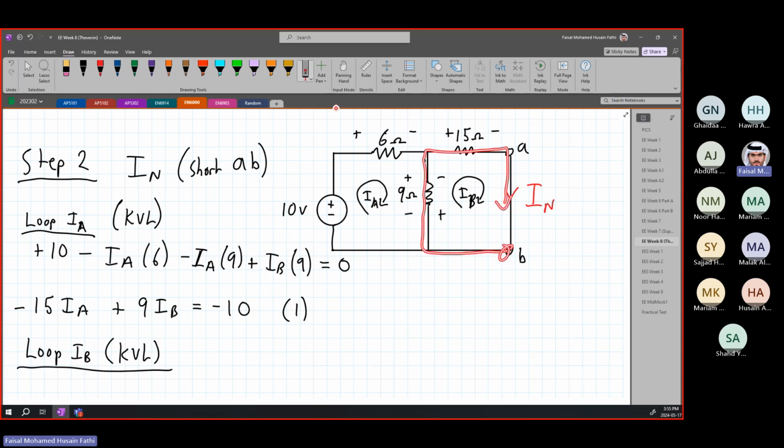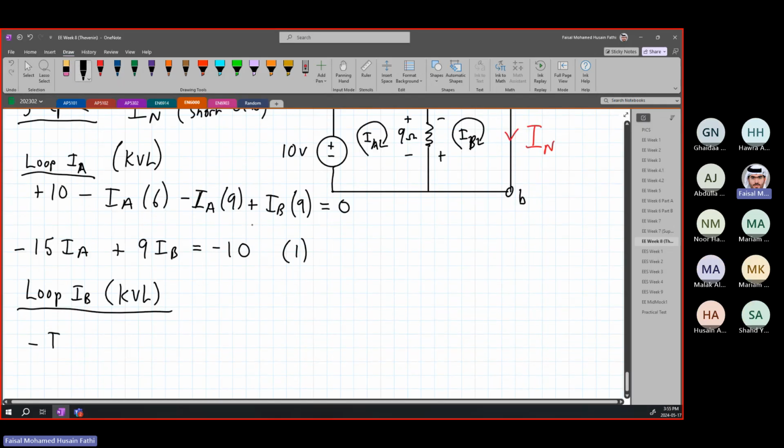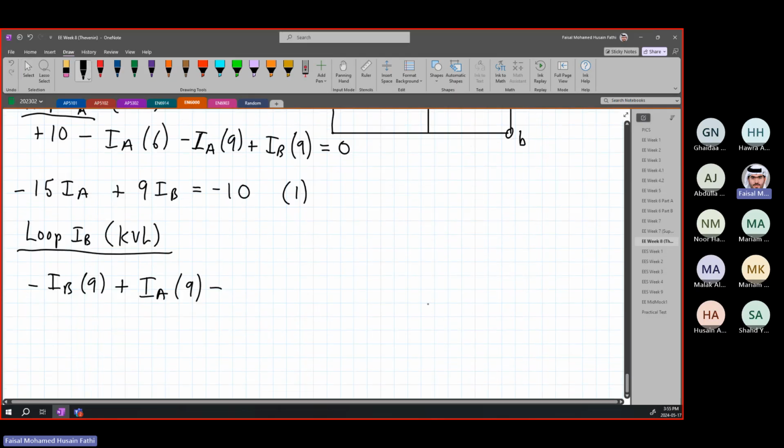Starting from B, we're going to have a voltage drop due to the 9 ohm resistor, so it's minus IB times 9, plus IA, because IA is in the opposite direction, times 9, minus the drop across the 15 ohm resistor, IB times 15, equals 0.